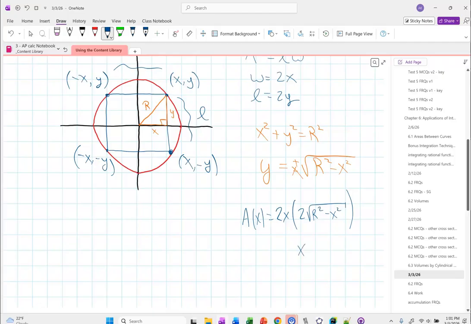And then I should cook up a domain for x. What's the smallest possible value that x could have? Yeah, right, can't be 0 or smaller. Because if it was, my rectangle would just be a straight line like this, and that ain't a rectangle. Okay, what's the biggest possible value for x?